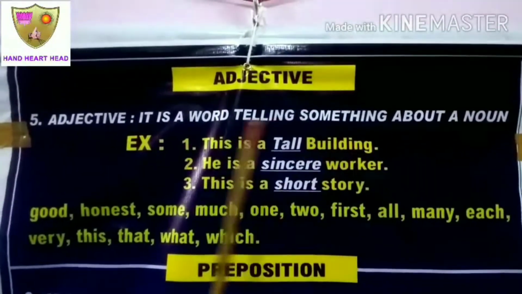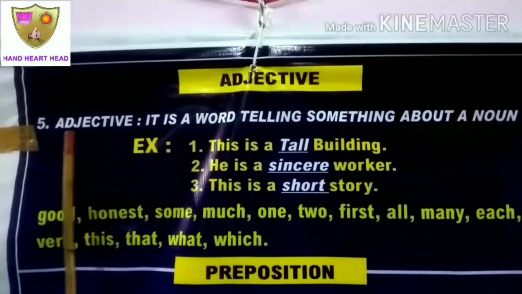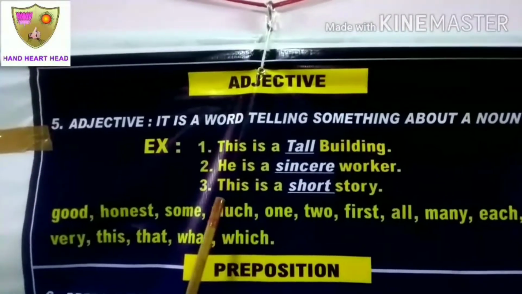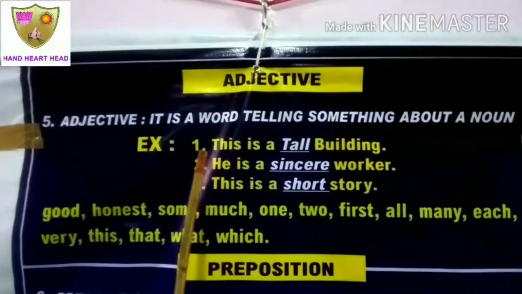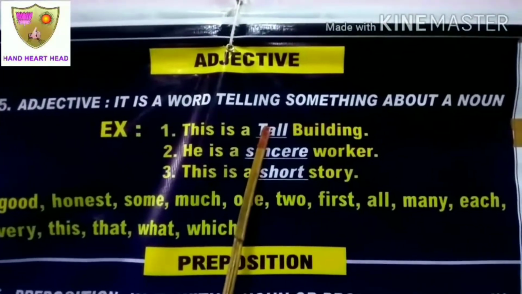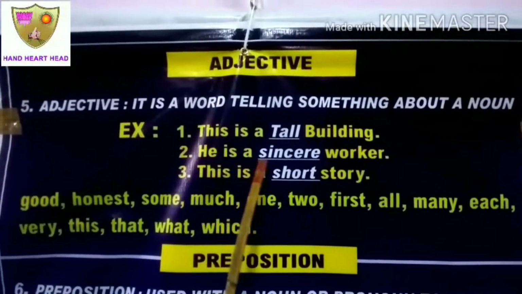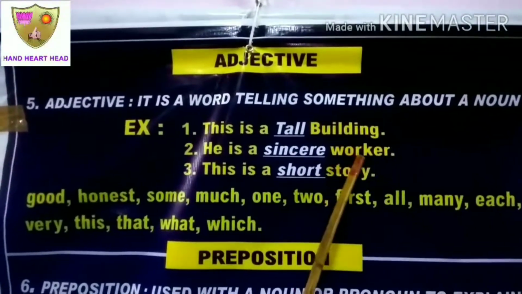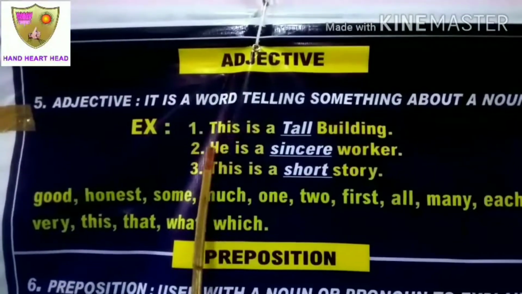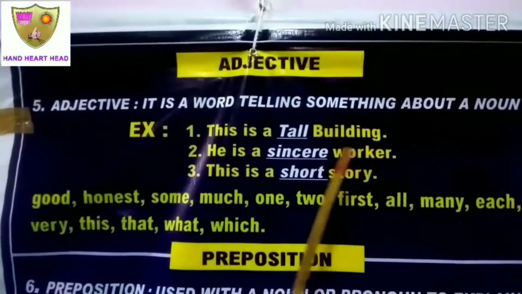Noun பற்றி describe பண்ணக்கூடிய வேர்டுக்கு adjective என்று பெயர். That is also called describing word. This is a tall building. இந்த building எப்படிப்பட்டது? ரொம்ப உயரமா இருக்கு. He is a sincere worker. எப்படிப்பட்ட ஒர்க்கர்? சின்சியரான ஒர்க்கர் அவர். அவரை சின்சியரான ஒர்க்கர்னு டெஸ்கிரைப் பண்ணுறோம்.